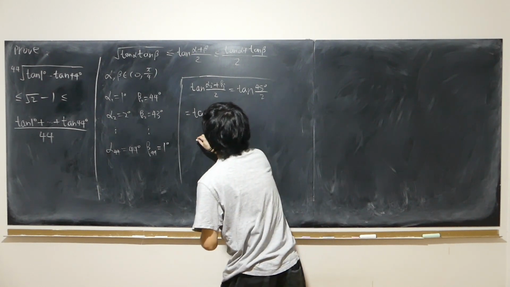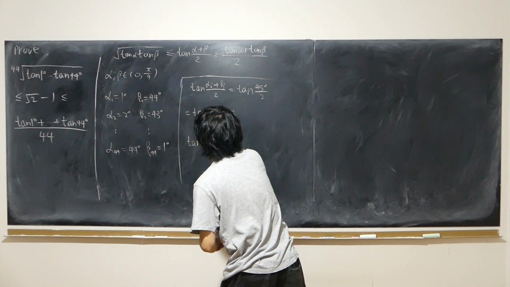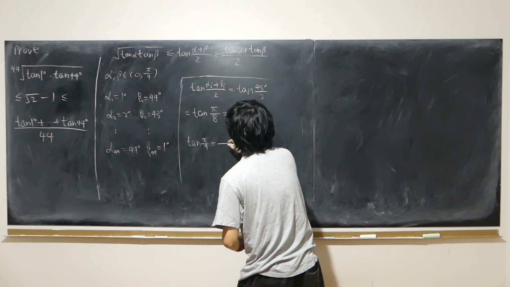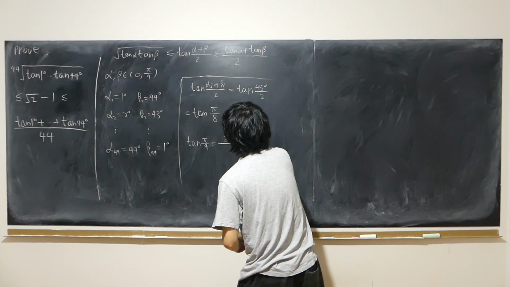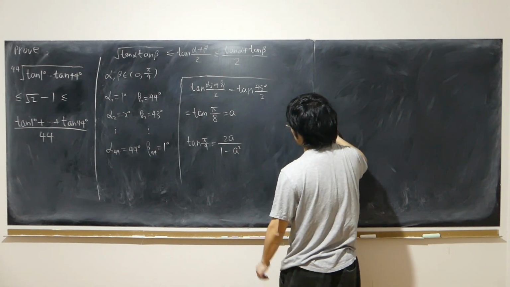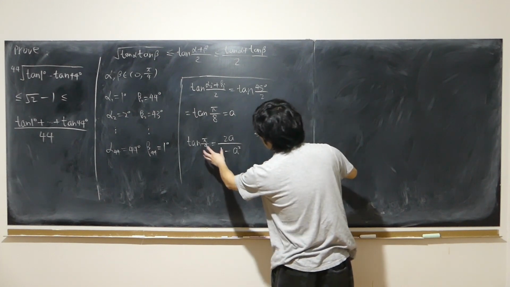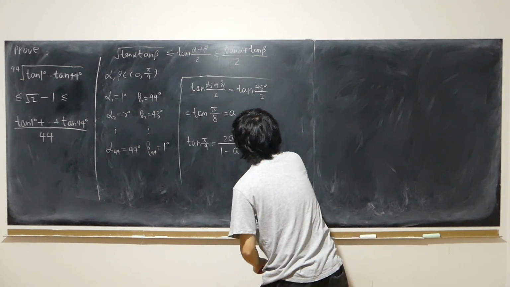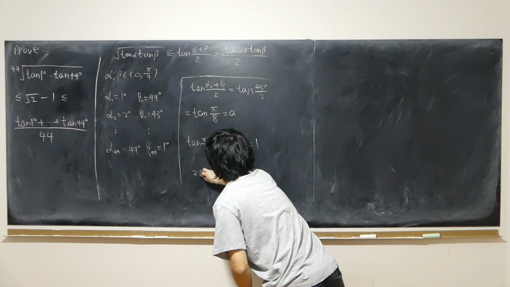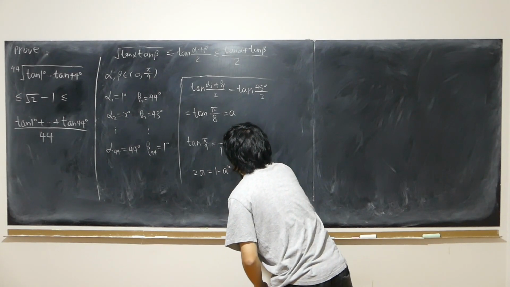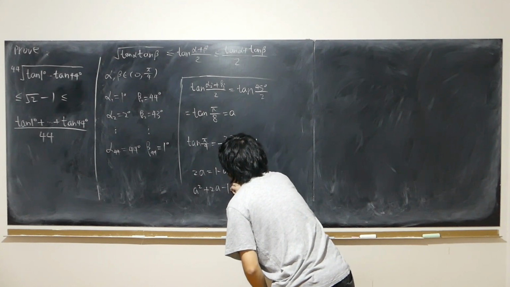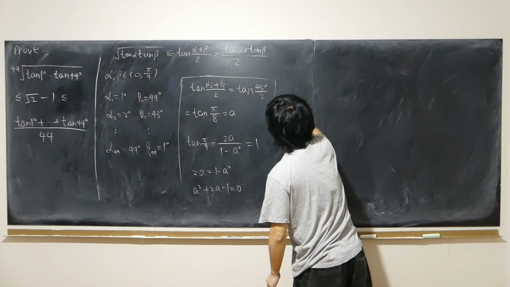So double angle formula: tangent pi over 4 equals twice of this, 2a over 1 minus a squared. And tangent pi over 4 is equal to 1. So I have 2a equal to 1 minus a squared, which means a squared plus 2a minus 1 equals 0.